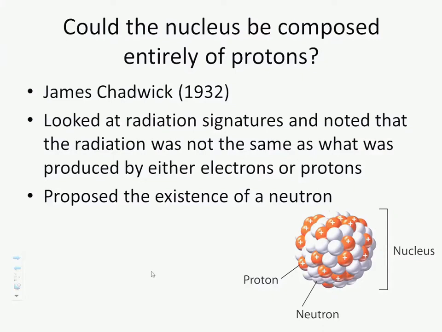A nuclear force is sort of like a glue, a cement that kind of holds those protons in strong. So even if they're repelling each other via their similar positive charges, that glue is going to hold them in regardless of how much they're repelling and struggling to get out. So it's basically the neutron helps overcome the positively charged repulsion that is felt within the nucleus. So James Chadwick helped propose the existence of the neutron.